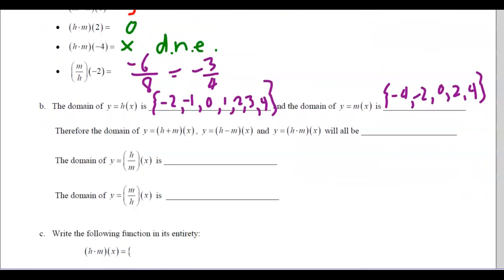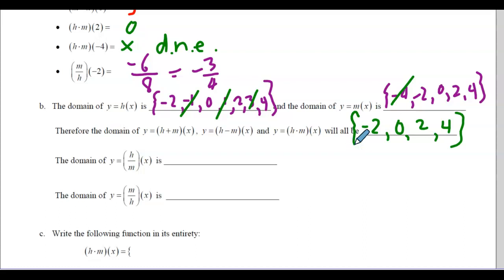Therefore, if we're adding, subtracting, or multiplying, what's the domain? Well, we can only do that for common domain values. So negative 4 isn't, negative 2 is, negative 1 isn't, 0 is, 1 isn't, 2 is, 3 isn't, 4 is.